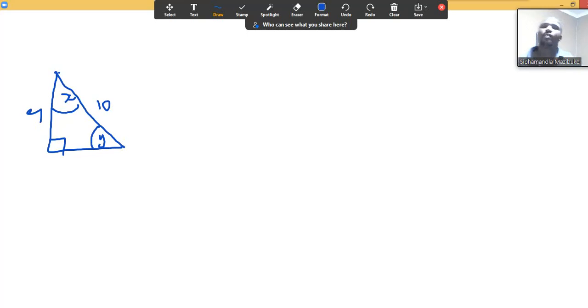We can easily find the angle y, because if you're standing at angle y, you always look at what is given relative to the angle. Here we have angle y, so if you're at angle y, what is given is opposite all over hypotenuse.